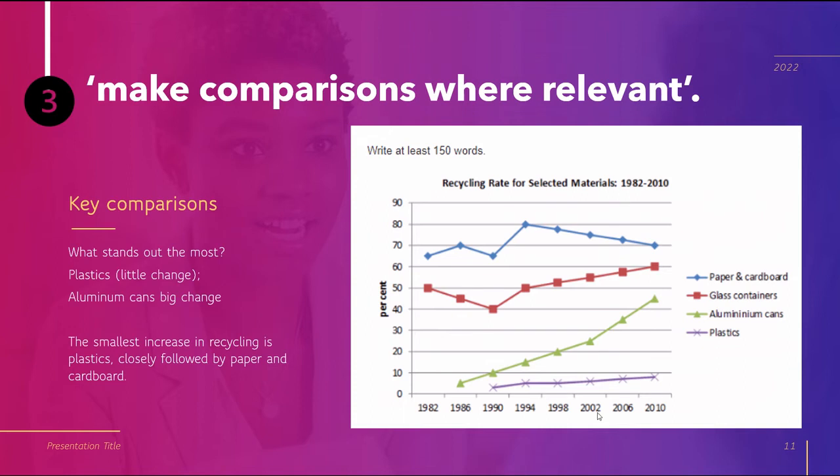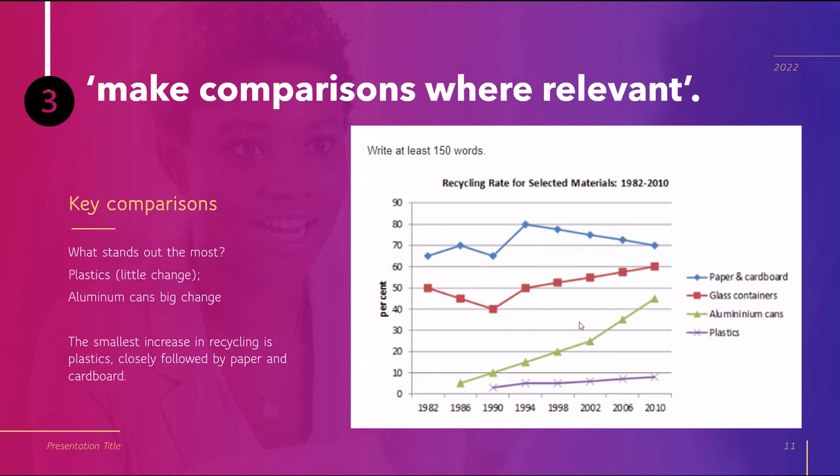Plastic stands out the most. So I would really want to be mentioning that and discussing that. I'd also want to mention that most of them have a steady incline, right? So there's the key phrases that we have, a steady incline.